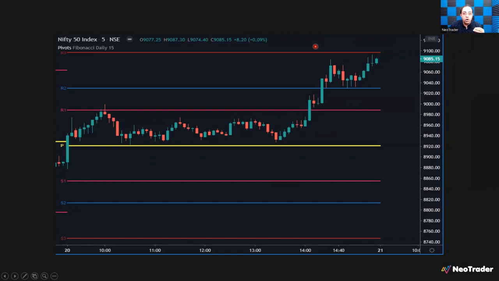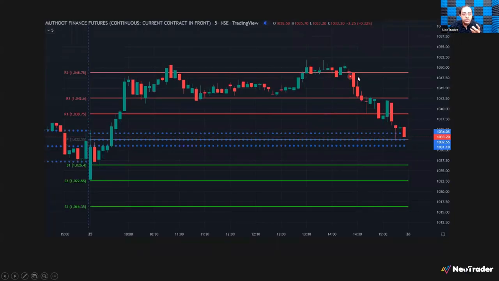If the momentum is strong, it would break above R3. There are other ways to deal with that, but you will find the majority of trades get stuck at R3. So R3 is a very strong profit booking zone, and one should never ignore it, because whenever it goes to R3, the prices always have a challenge moving higher.